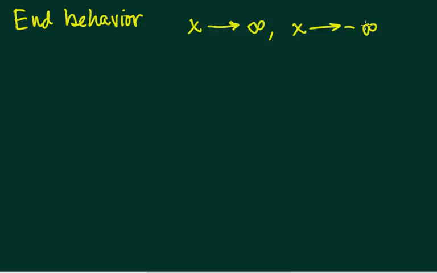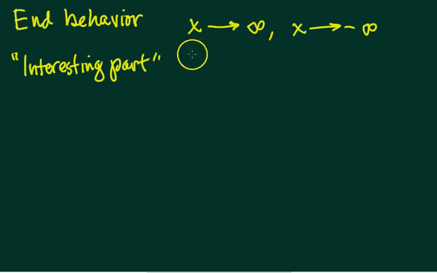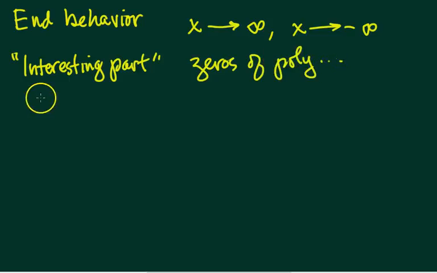The other thing is what I will call the interesting part. And this has to do with the zeros of the polynomial, as we'll see.